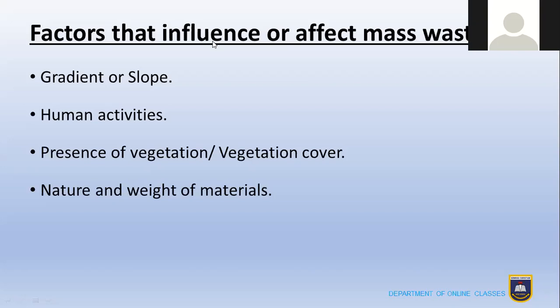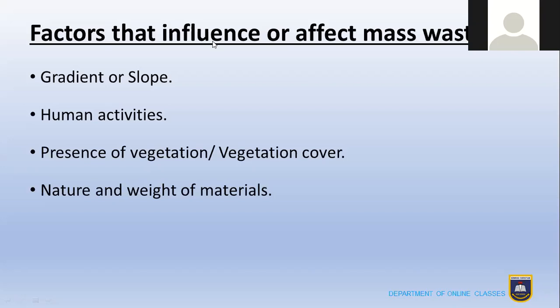Now, the weight of the material. When the weight of the material is heavy, take note, then it is likely not to move at a faster rate just because of the weight.